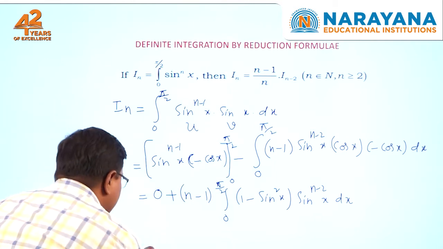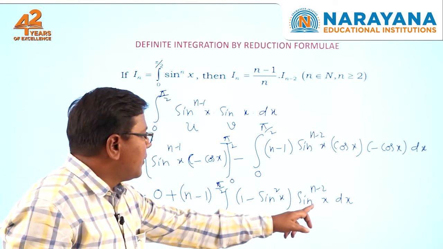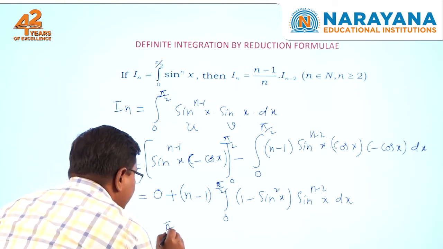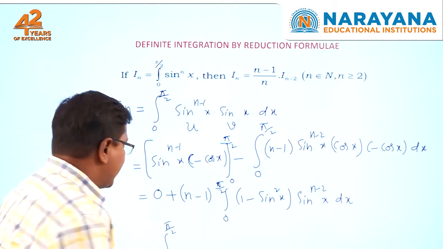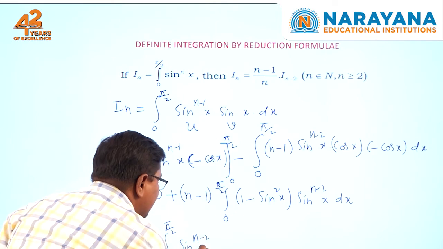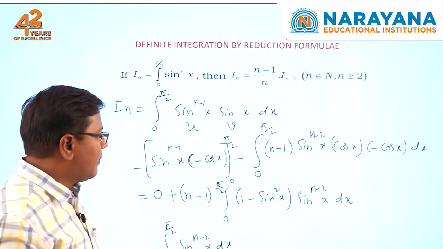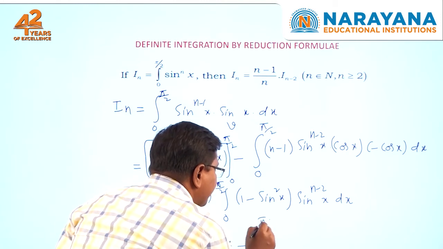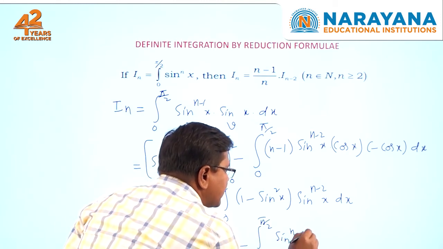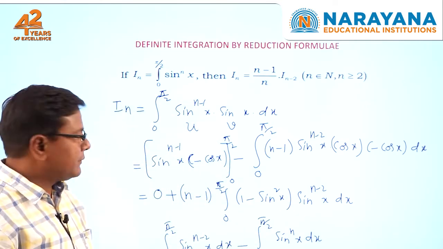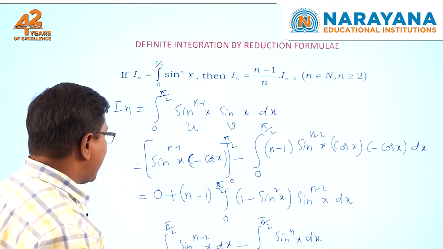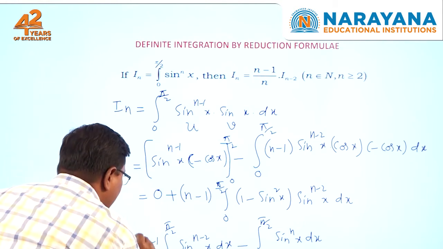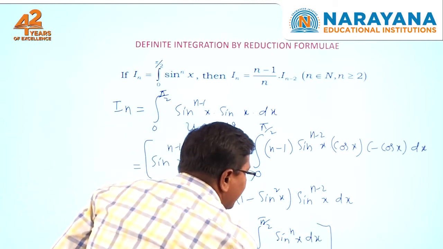If you remove the bracket, you get the integral of sin power n minus 2 x dx, minus the integral of sin power n x dx, which is I n, all multiplied with n minus 1.